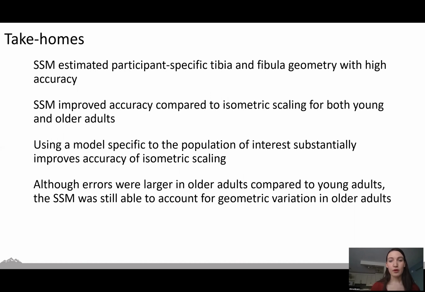And while errors were larger in the older adults compared to younger adults, the statistical shape model was still able to account for geometric variation in the older adults, resulting in lower errors compared to isometric scaling, and providing confidence that the model is robust enough to be applied to some outside populations.